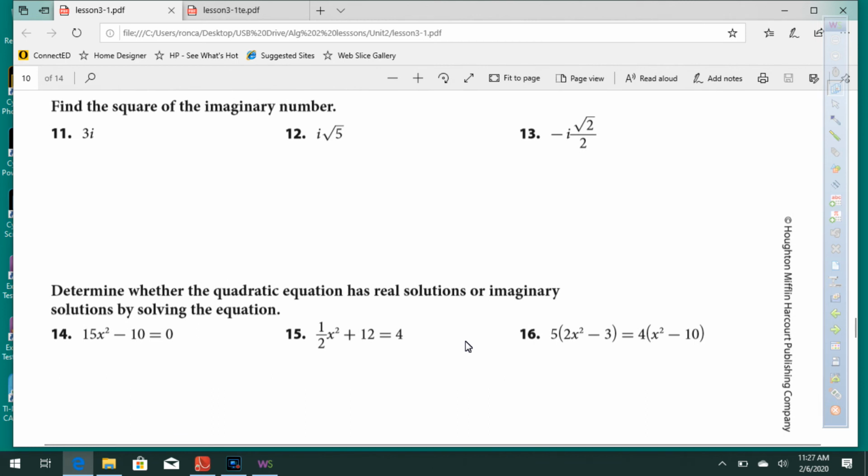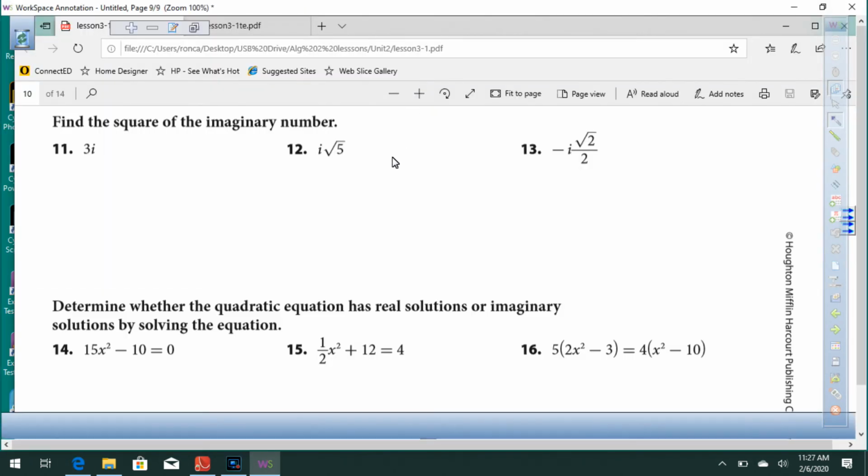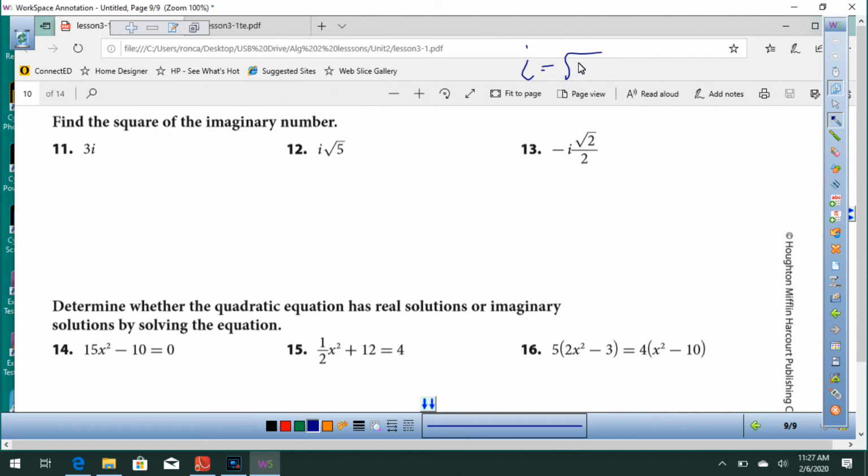Find the square of the imaginary number. We haven't talked about these yet, and you're going to love them. They are great. Put this in your notes: i equals the square root of negative 1.